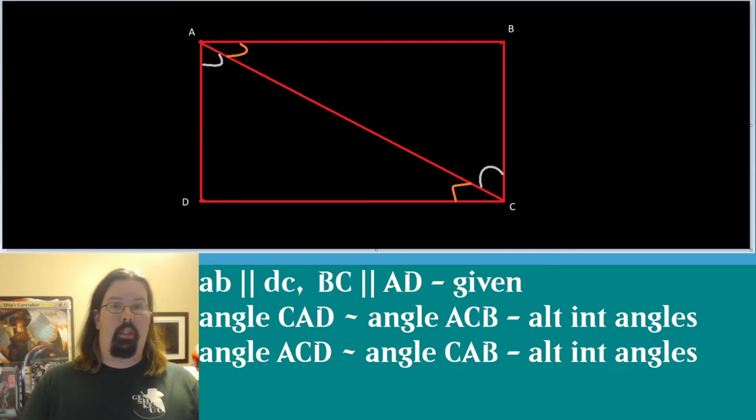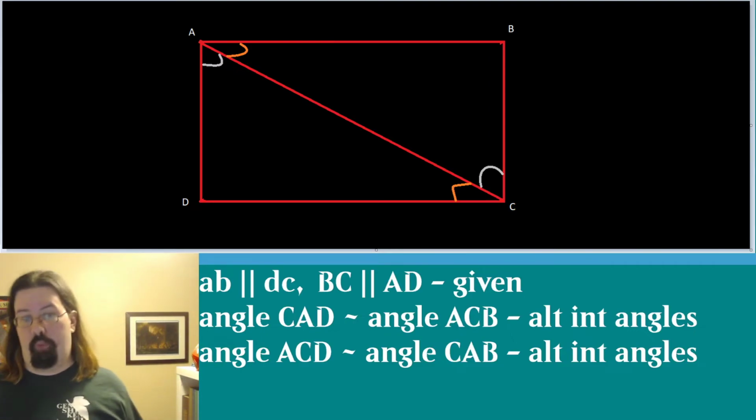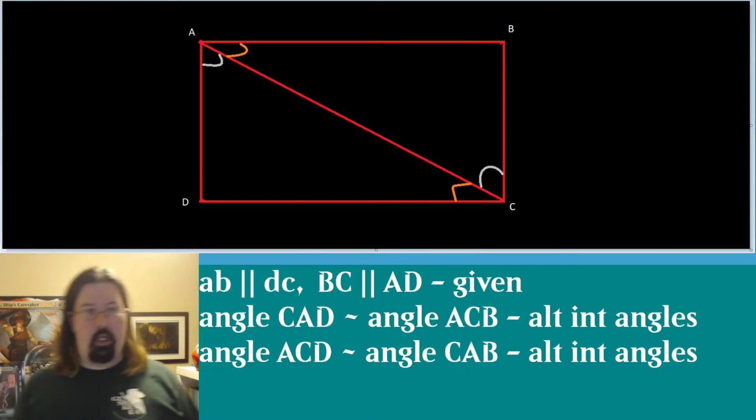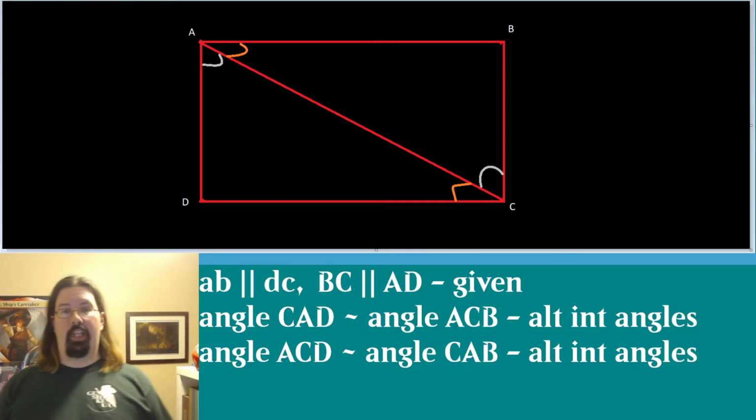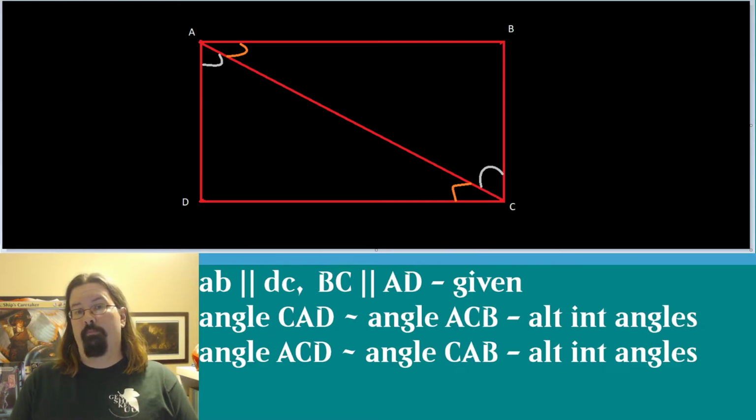Now, here's something interesting. So we now have that. So let's look at the line AC. Now, there's a property known as the reflexive property. The reflexive property says that something is equal to itself.